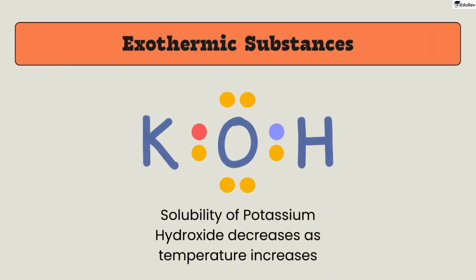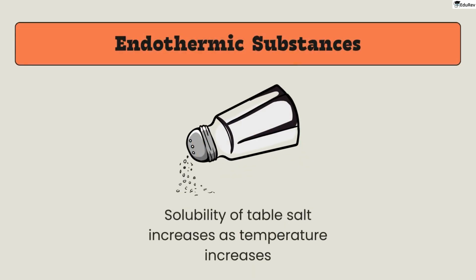For some substances, like potassium hydroxide or calcium oxide, as the temperature goes up, less of the substance can dissolve. We call these exothermic substances. For other substances, like table salt or sugar, as the temperature goes up, more of the substance can dissolve. We call these endothermic substances.